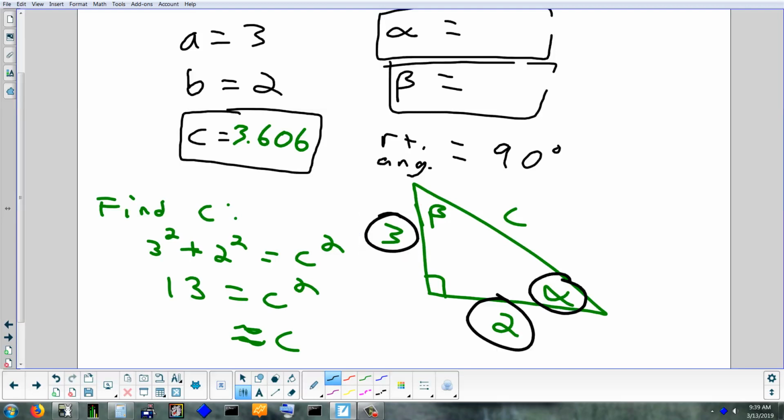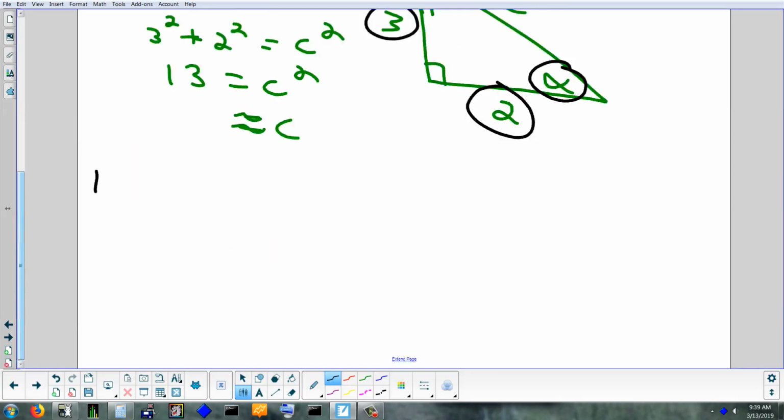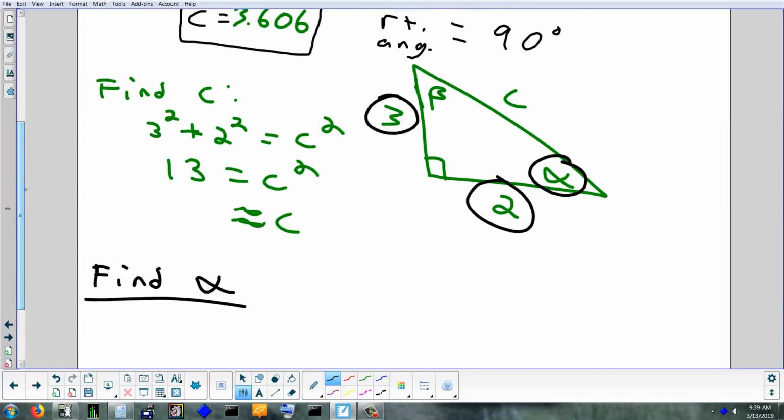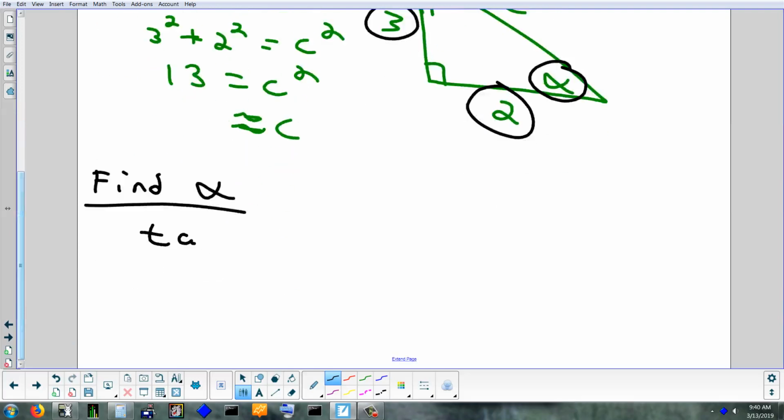So the side that's 3, what's the name of that side? Opposite. Remember, everything in this part is from the perspective of alpha because that's what we're finding. And what about the 2? Adjacent. We have the opposite, we have the adjacent. Which trig function involves those two? Tangent. So we're going to do tangent.